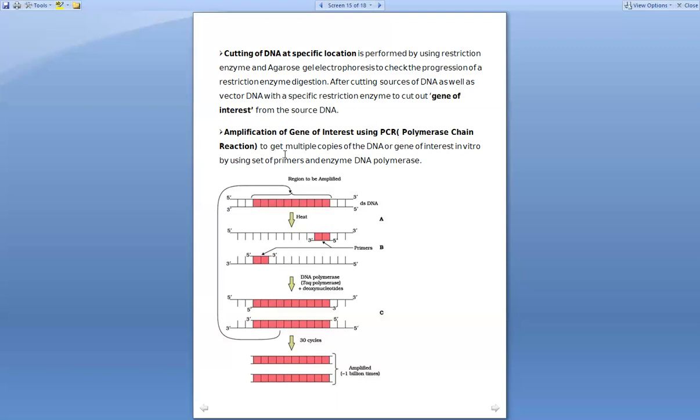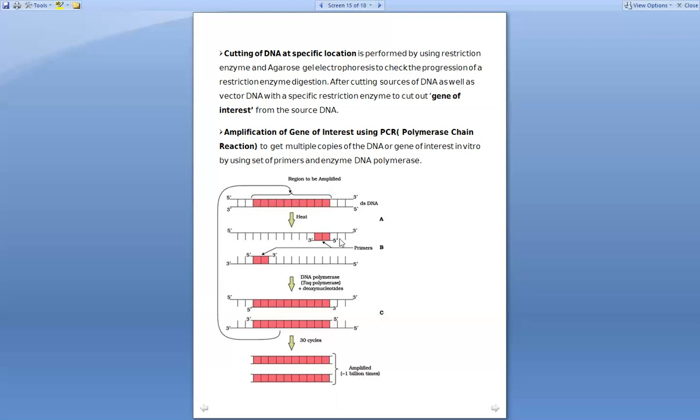So this PCR is useful to get multiple copies of a DNA or gene of interest in vitro by using a set of primers and the enzyme DNA polymerase, right? Here two things are being used. The first is that we already have the gene of interest, and this is carried out in vitro. The second is the set of primers.